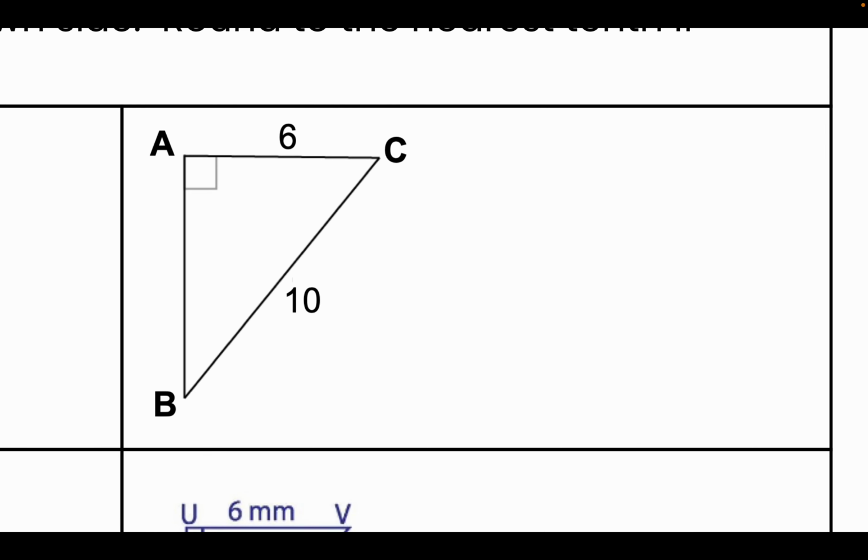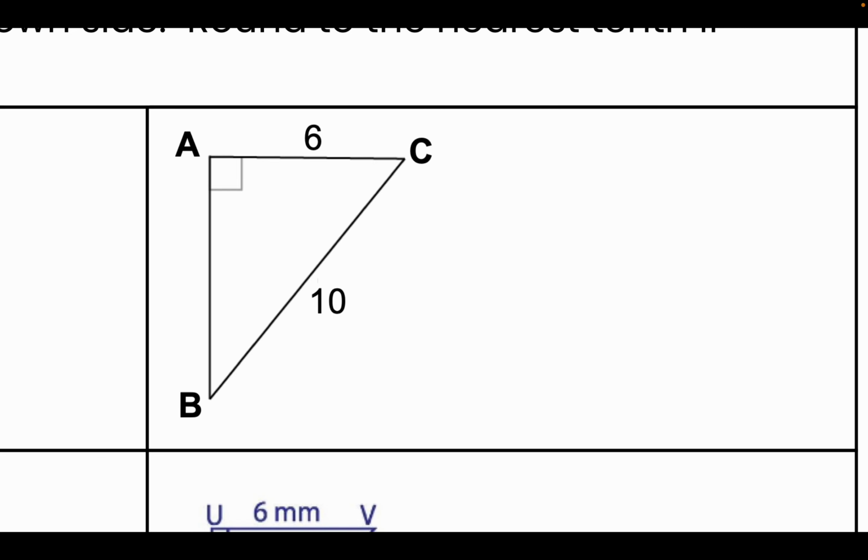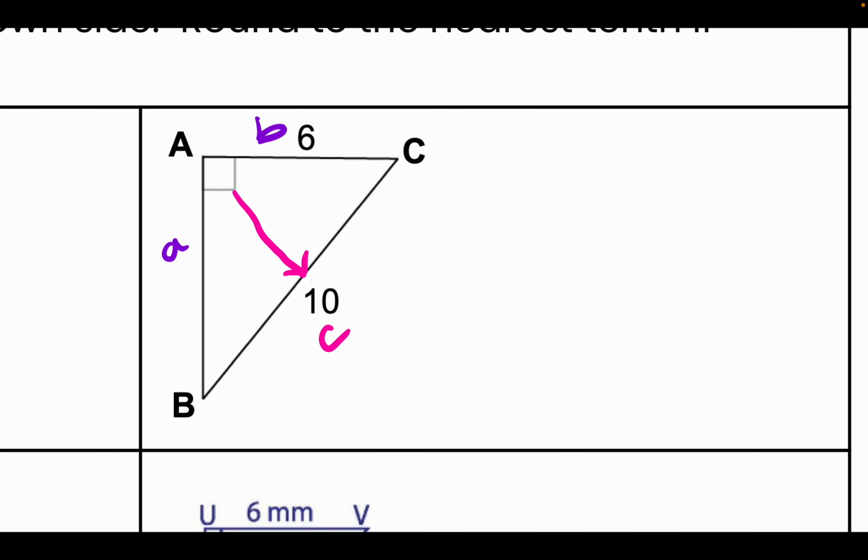Okay, our next picture. Finding our unknown side length. Well, across from our right angle, this is our c, which means this is our a and our b in no particular order. So we know that 10 squared is equal to a squared plus 6 squared. Remember, our c has to be by itself on one side of the equal sign.